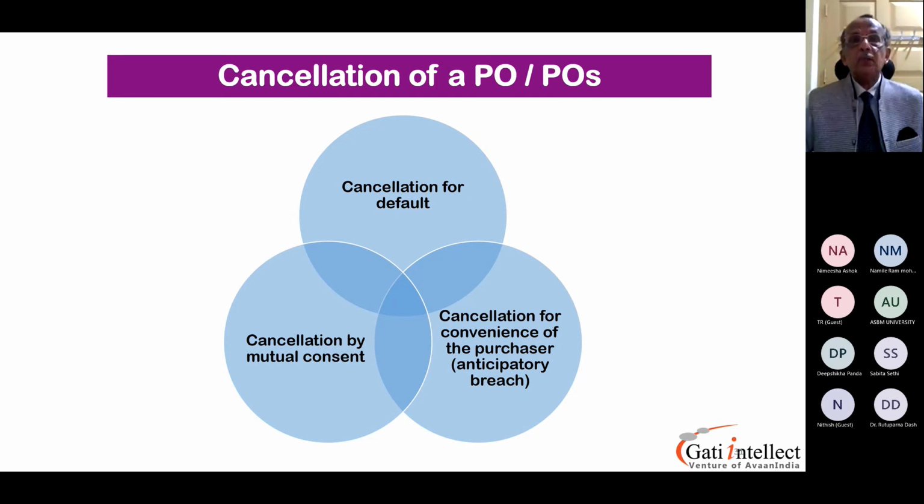Now, to answer your question, Nimisha, how many times is something which you can agree mutually and you can put it in the contract as well. Some of the suppliers have got a habit of continuously defaulting on the lead times.